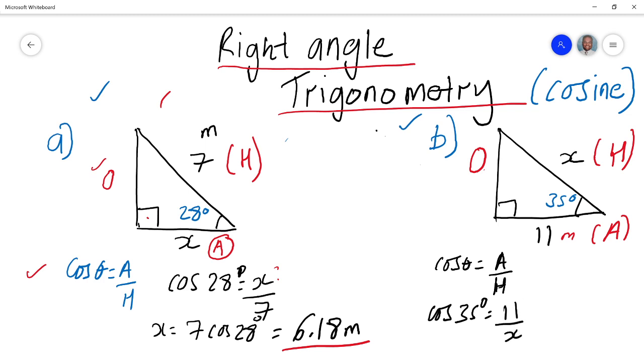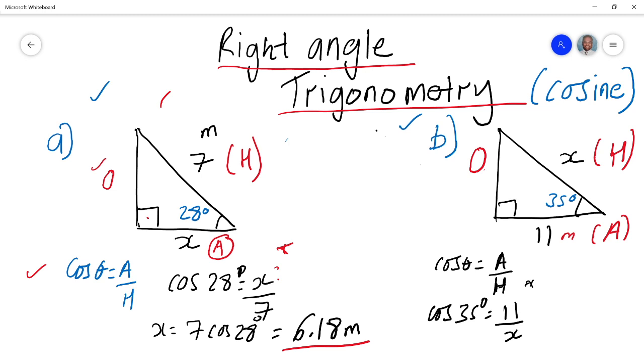Now if you remember here, the unknown that we're trying to work out, which is your hypotenuse, is your denominator. If you compare that with that, you'll see the x was your numerator and you needed to multiply, whereas here it's your denominator, so you need to divide.